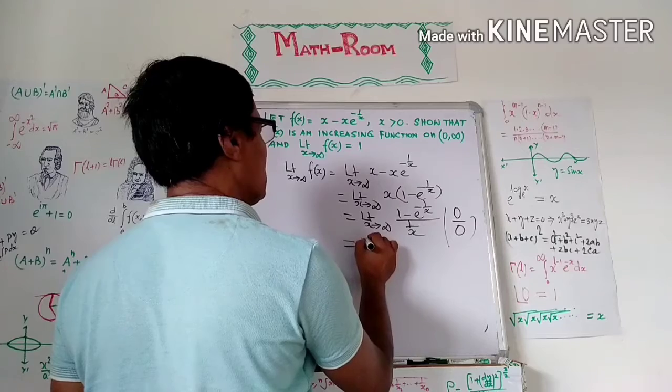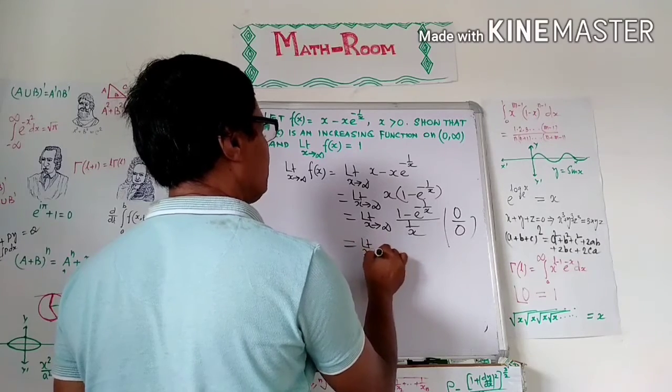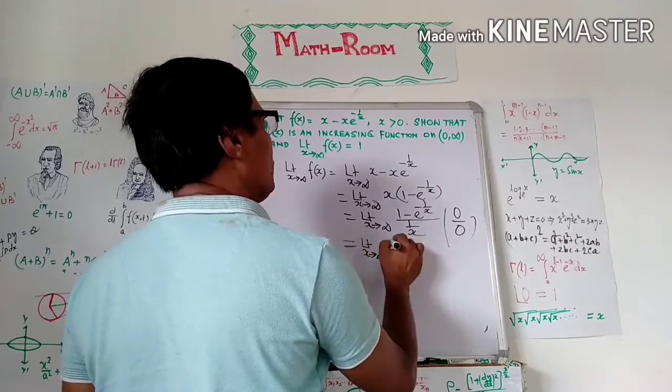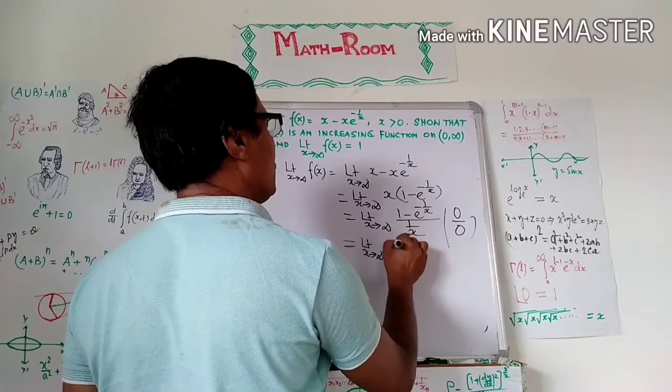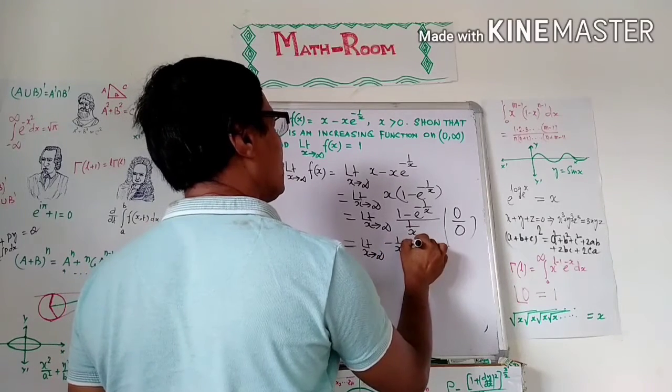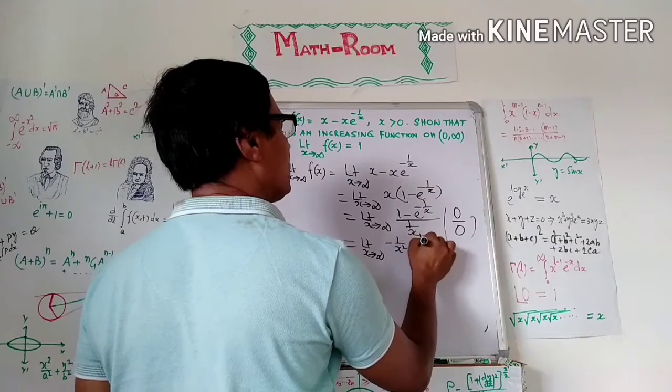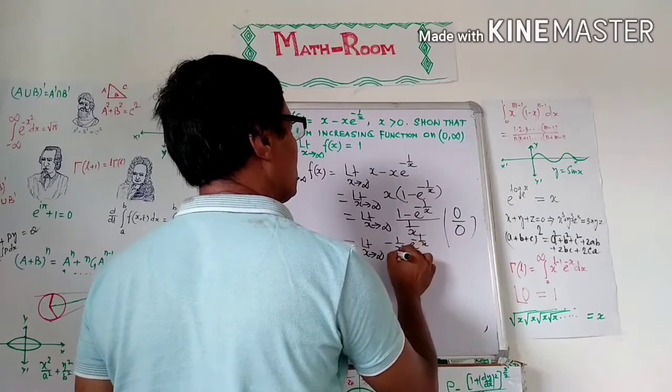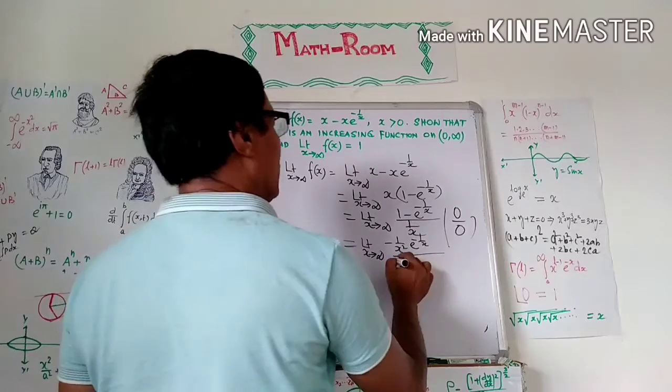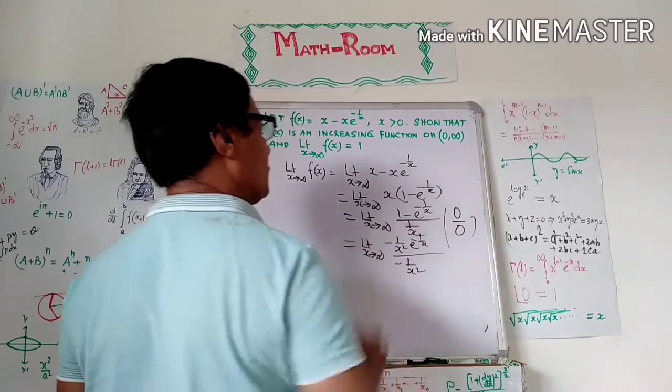After differentiation, we get minus 1 over x square e to the power minus 1 by x, minus 1 over x square.